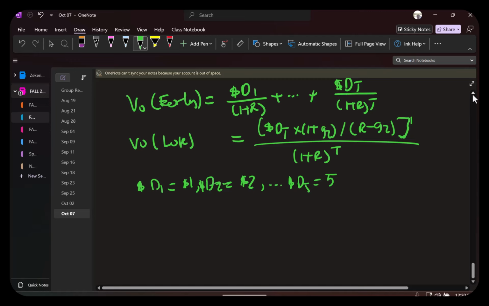So first you get one, then two, three, then four, and then five. And let's assume a discount rate of 15% and a second stage growth rate of 10%.